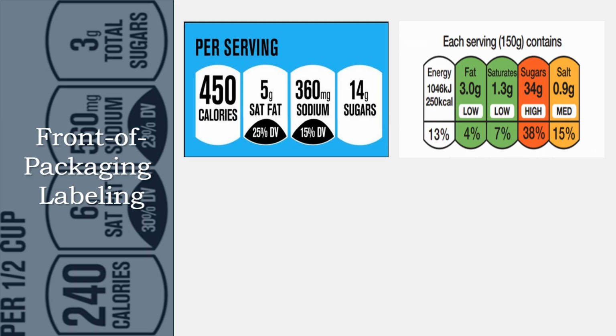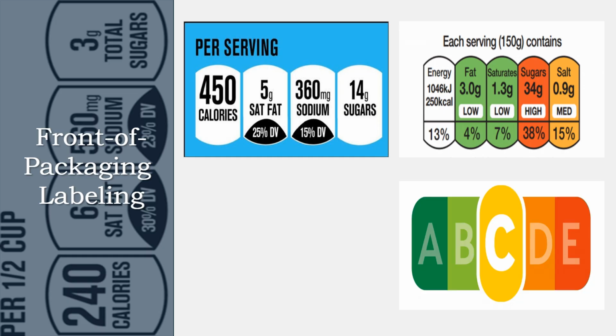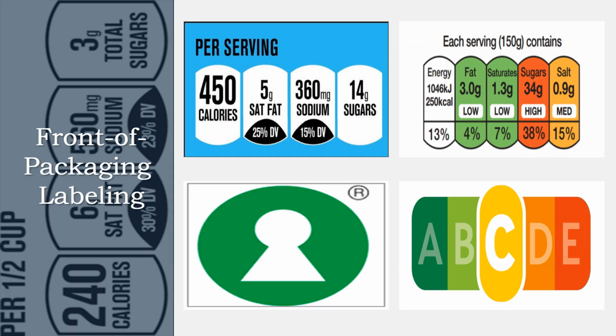Traffic light system, like those used in the United Kingdom, uses colors, such as red for high, amber for medium, and green for low to indicate levels for fat, saturated fat, sugars, and salt. Nutri-Score, used in France and Belgium, a 5-color scale, from A to E, to provide an overall health score for a product. And a keyhole symbol, used in Sweden and Denmark, a symbol that indicates a healthier choice within a food category.